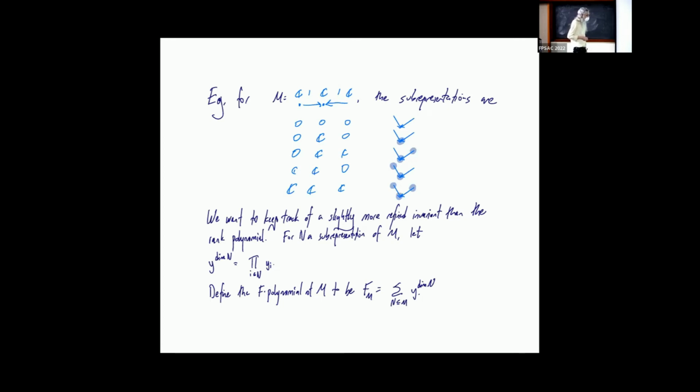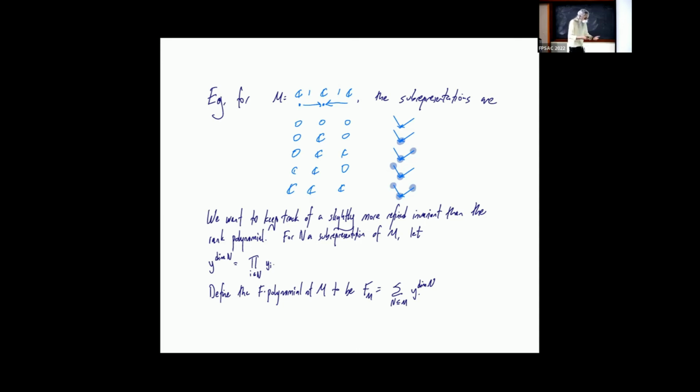And I should say about this formula that I'm kind of cheating a little, because for the representations coming from a path, life is sort of simple. If I pick out a particular dimension vector of a subrepresentation, either it is a subrepresentation or it isn't. But in general, life can be more complicated.